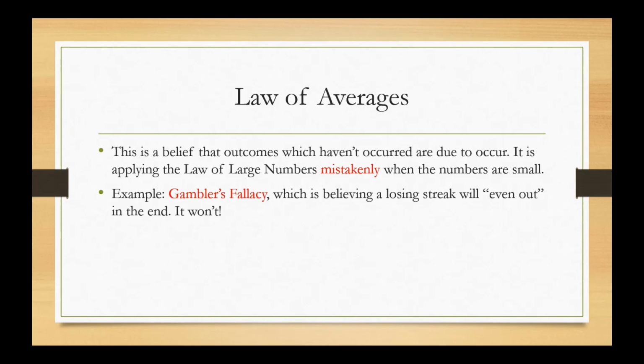If they go to a casino and they're playing the slot machines or shooting craps or whatever it is they're trying to win at, and they go through a losing streak, a lot of them are going to mistakenly think, well, things are going to turn my way because of this law of averages. It just can't be this way forever.